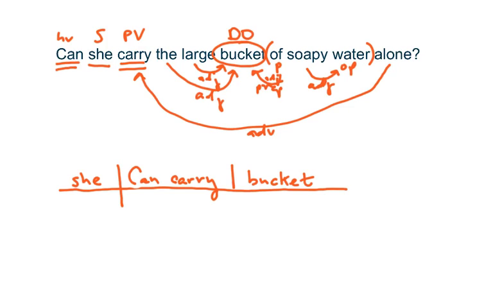Do we have any modifiers for she, our subject? No, we don't. What about can carry? Yes, we've got alone. How can she carry it? Alone. Bucket. Do we have any modifiers? Oh yes, we have a lot. The, large, and of soapy water.